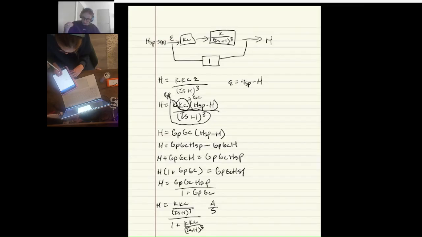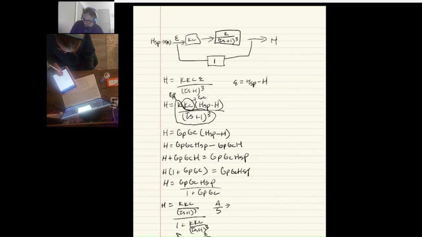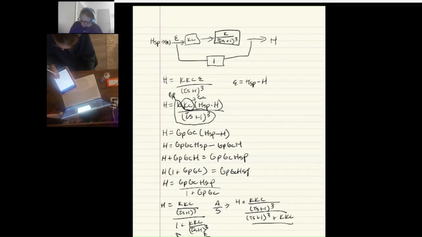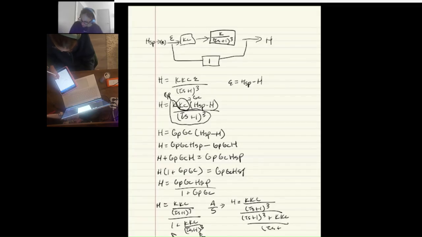So we're going to multiply this bottom term out by that 1 right here. So H is equal to K Kc over tau s plus 1 to the third, over tau s plus 1 to the third plus K Kc over tau s plus 1 to the third.